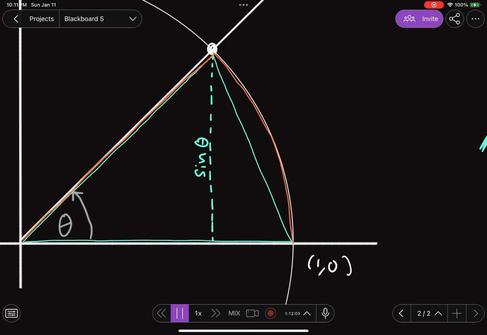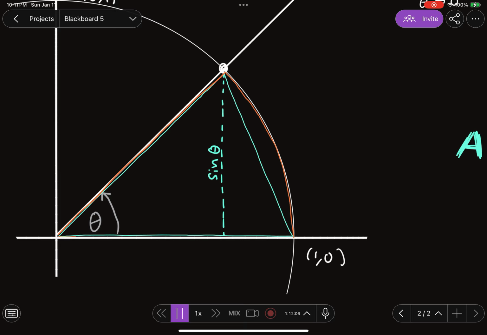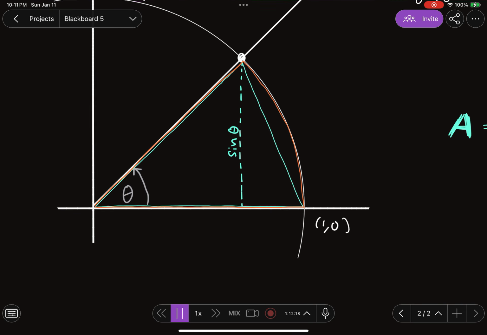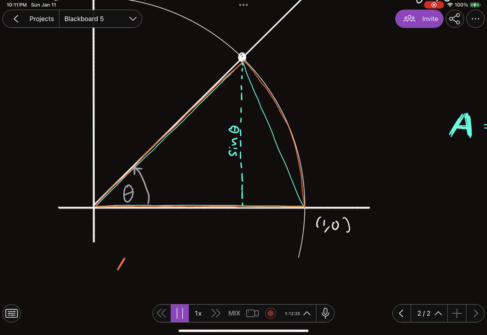And just like we did a sort of proportion argument for the arc length in the prior exercise, we're going to do a proportion argument for the area of that orange sector right now. I know that the area of that orange sector is to the area of the circle, which is pi, just as theta is to an entire rotation.